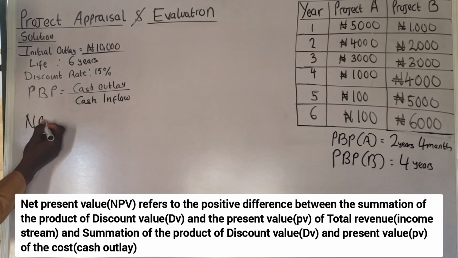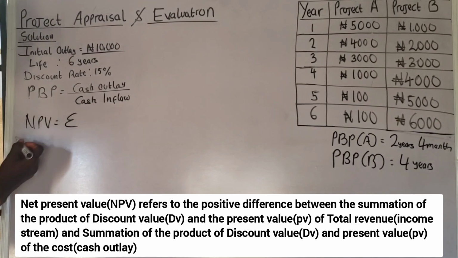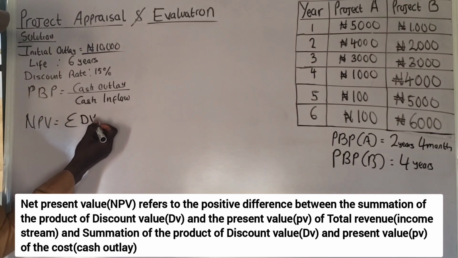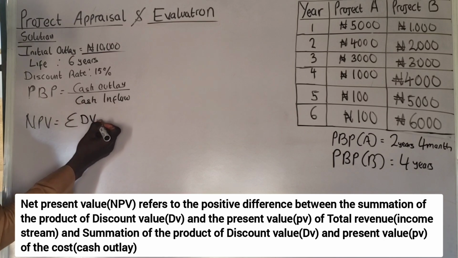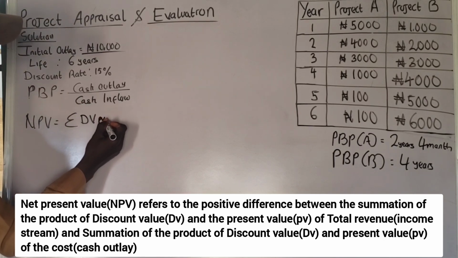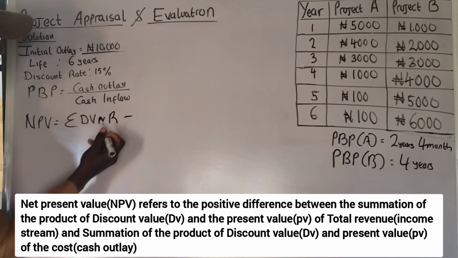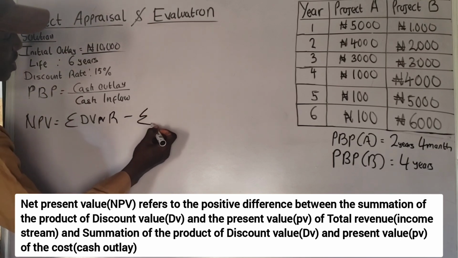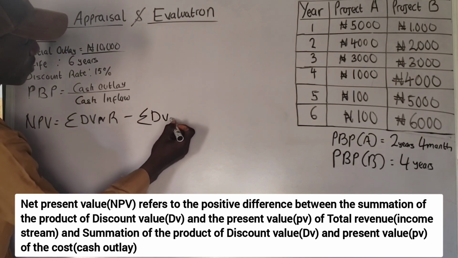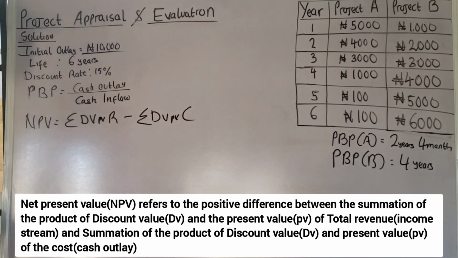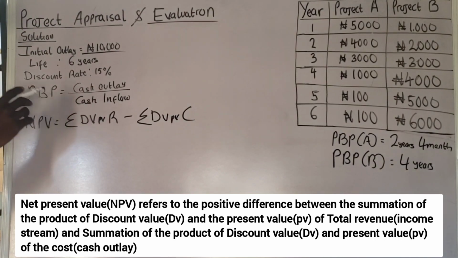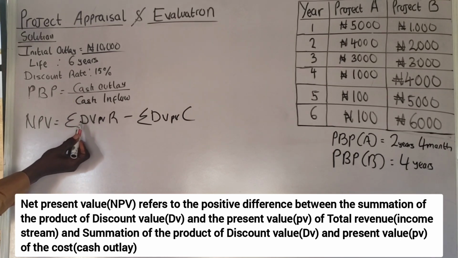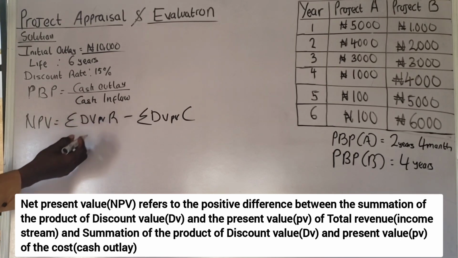NPV equals the summation. This sign means summation, you understand? The summation of the product of the discount value and the present value of revenue minus, pay attention, the summation of the product of the discount value and the present value of cost. You understand? Because the sign between the discount value and the present value of the revenue is the product sign.